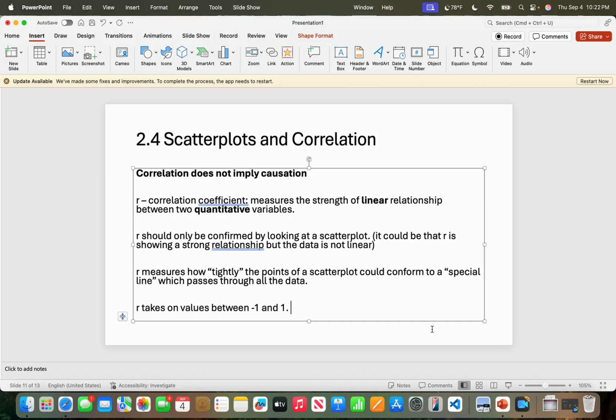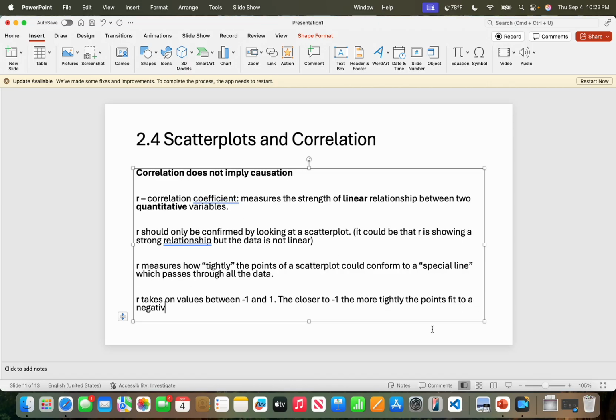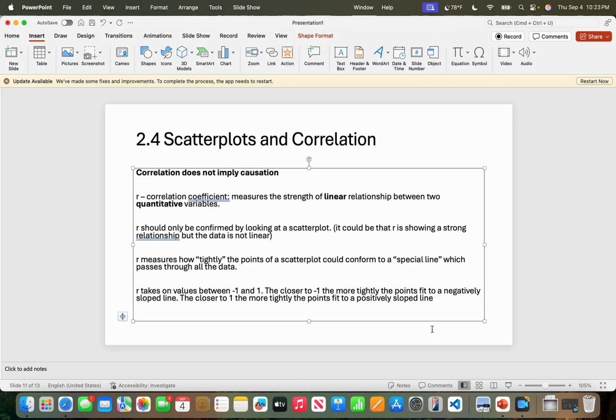From there we could say the closer to -1, the more tightly the points fit to a negatively sloped line. The closer to 1, the more tightly the points fit to a positively sloped line.